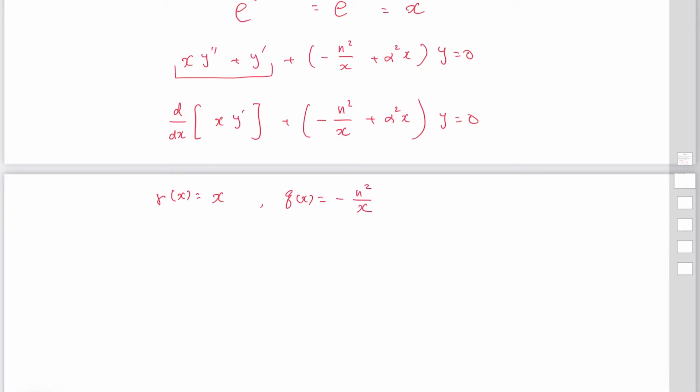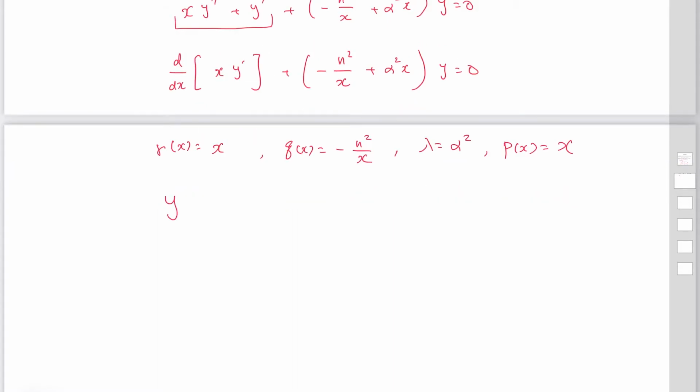Considering the parametric Bessel equation, n is a fixed number, n is given, lambda is alpha squared, and p is x. The general solution is given by y equals c sub 1 J sub n of alpha x plus c sub 2 Y sub n of alpha x. This is a general solution of the differential equation.